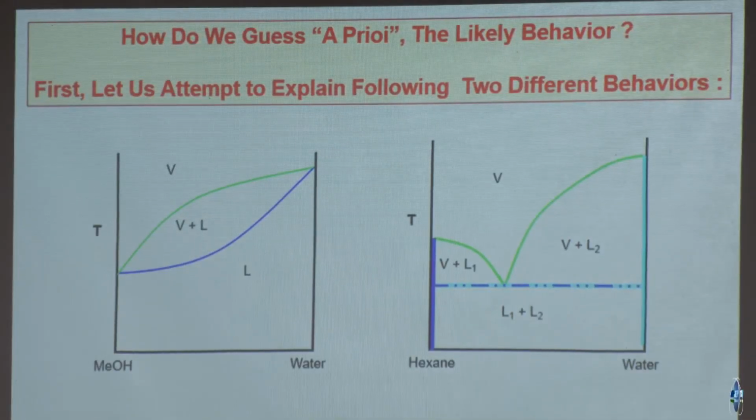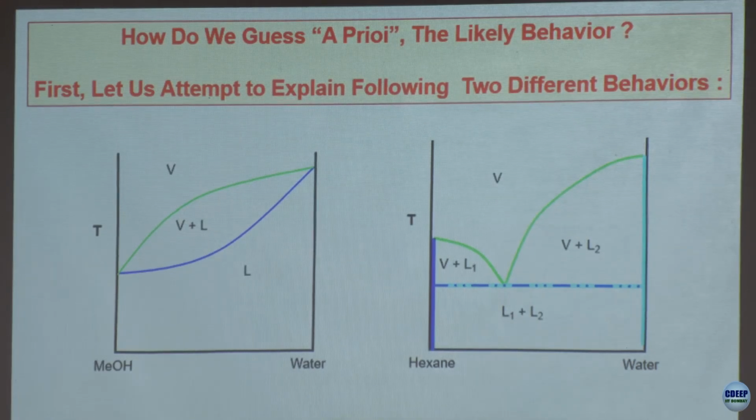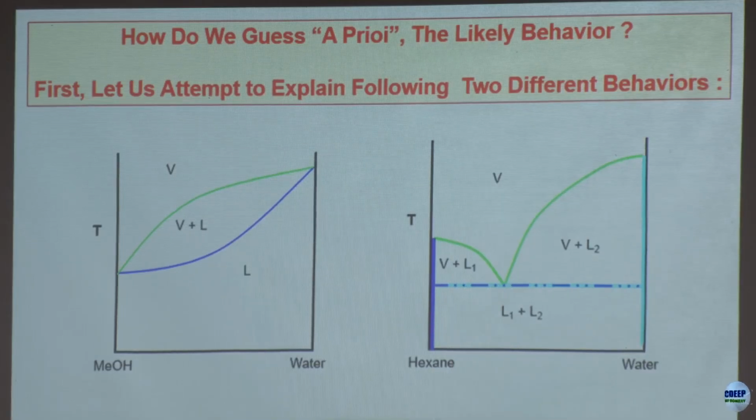And so, to go towards these concepts, first let us attempt to explain the following two different behaviors. This is an ideal vapor-liquid behavior between, say, methanol and water. It is not as ideal as, say, toluene and benzene, but it is still extremely ideal.